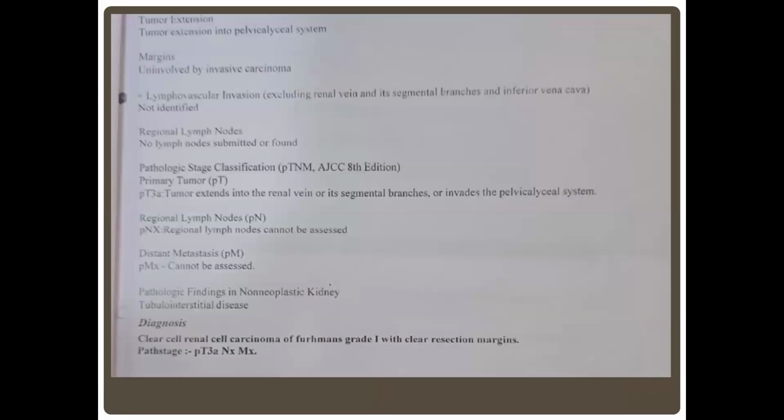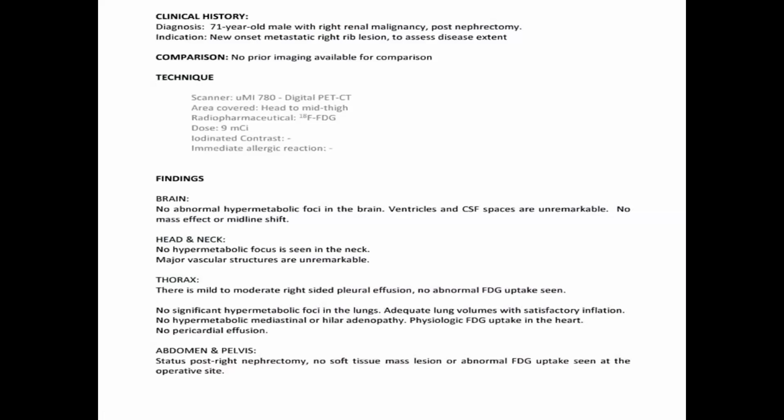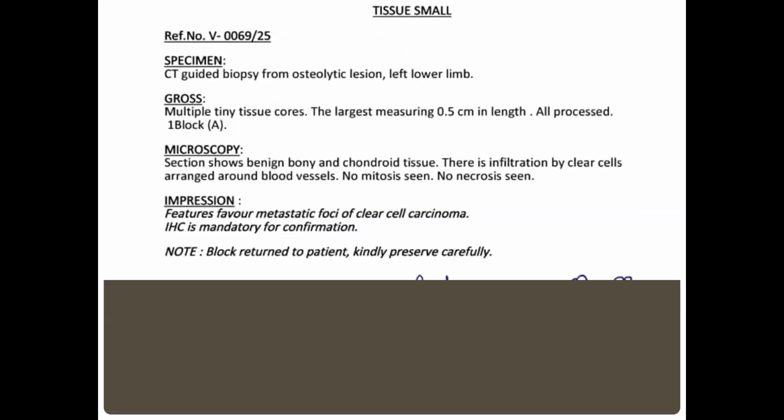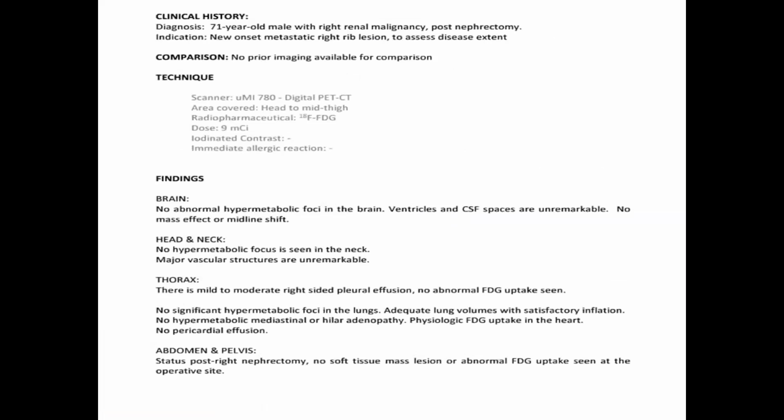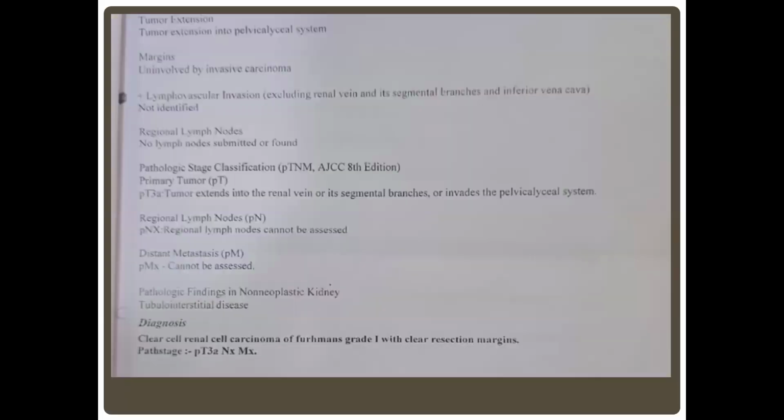Previously, the histopathology report of the right radical nephrectomy showed clear cell carcinoma, grade 1 with clear resection margins. Sonography suggested there was a 5 by 12 centimeter mass over the right flank region.